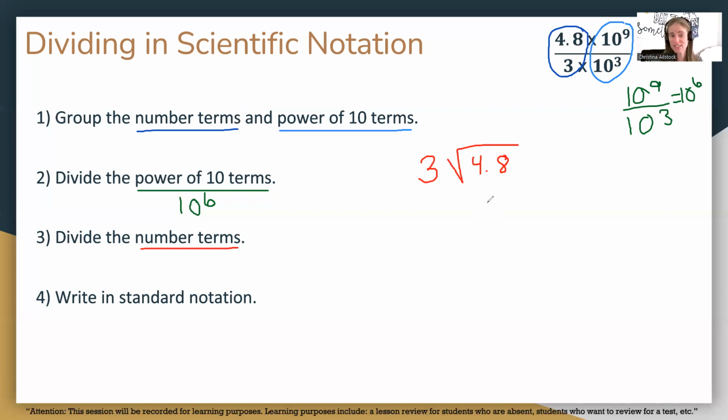All right, thankfully this is one where the number we're dividing by isn't a decimal, so I can just get straight into my division. How many times can 3 go into 4? 1 time, and 3 times 1 is 3. That's what we're going to subtract. 4 minus 3 is 1. Bring down your 8. How many times can 3 go into 18? 6 times.